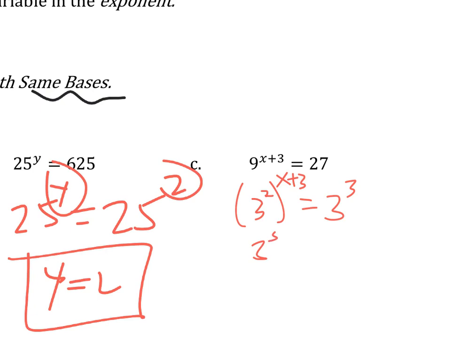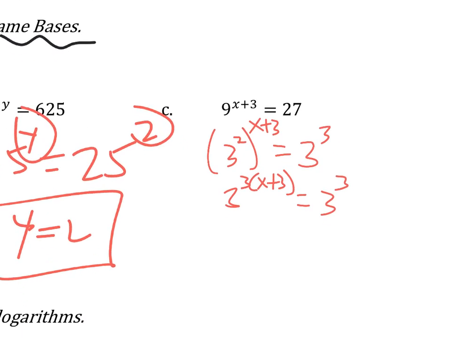So this is 3 times x plus 3 equals 3 to the 3rd. And so these two things have to be equal to each of these two exponents. Now that we've written it with the same base, we can say 3 times x plus 3 has to be equal to 3. A whole lot of 3's going on there.